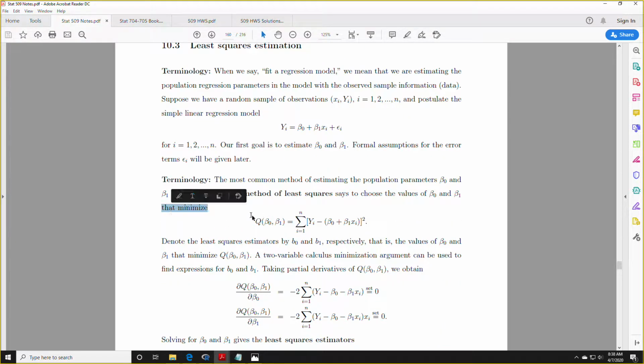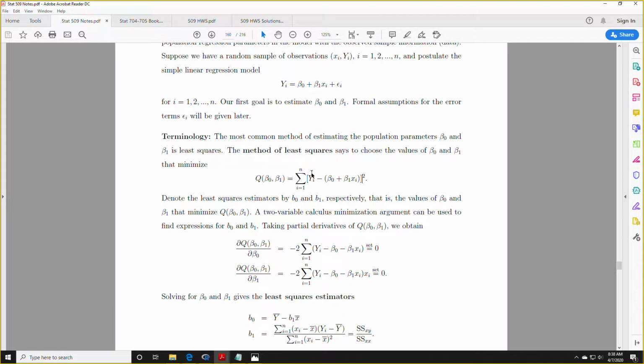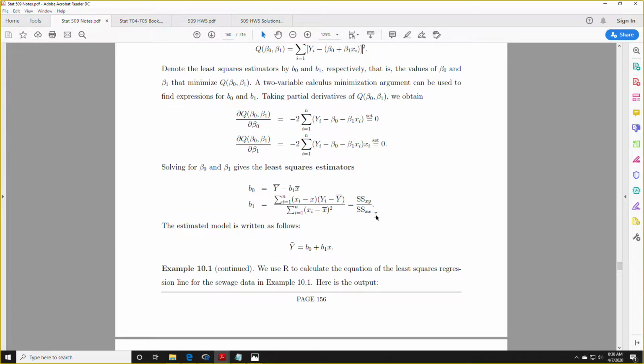We want to minimize this function, which I tried to explain last time is nothing more than the squared distances between each data point and the line that we're trying to fit. We want to minimize those distances. We do that with derivatives, and this is what we would get, but I'm not super concerned with that at this point.